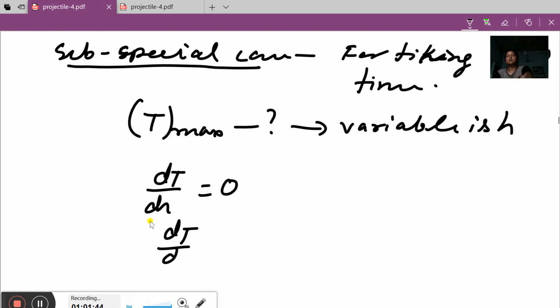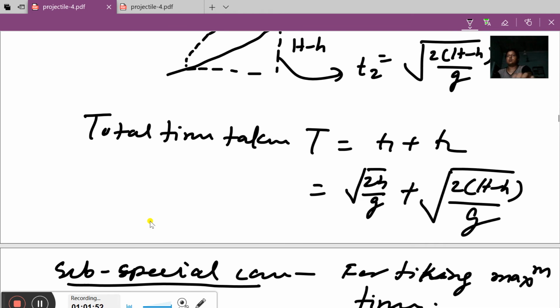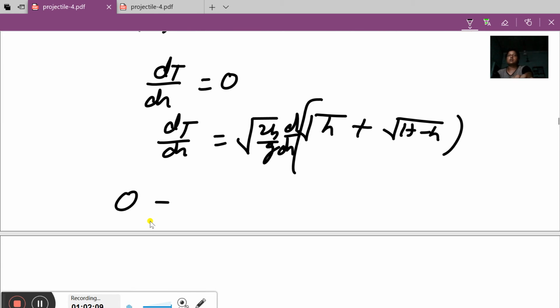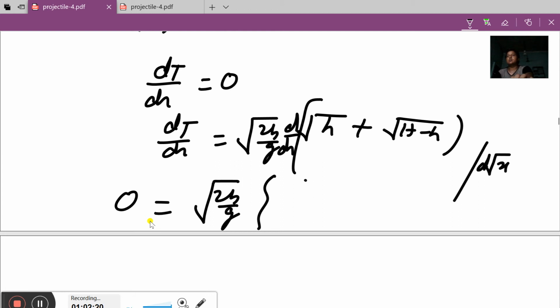So dt over dh equals under root 2 by g common, under root h plus under root H minus h, d over dh, that equals 0. The differentiation of under root x is 1 by 2 root x.